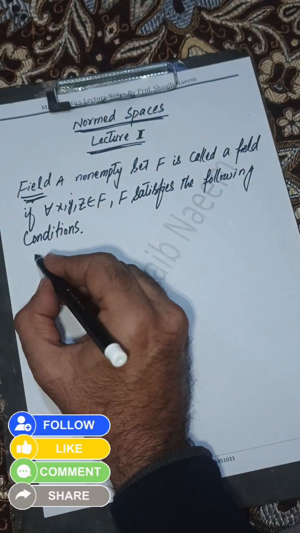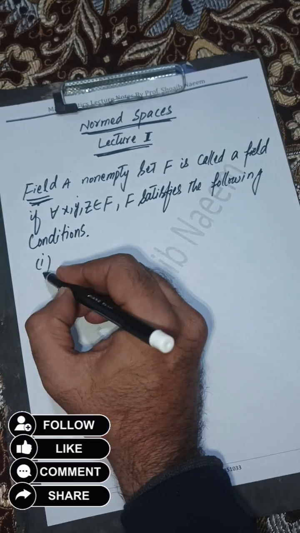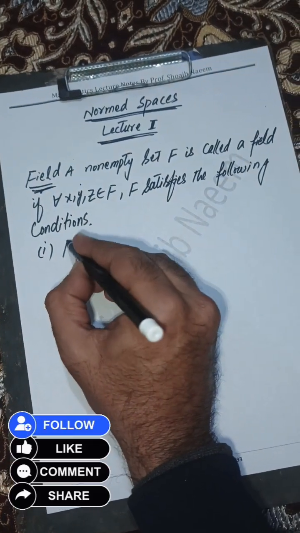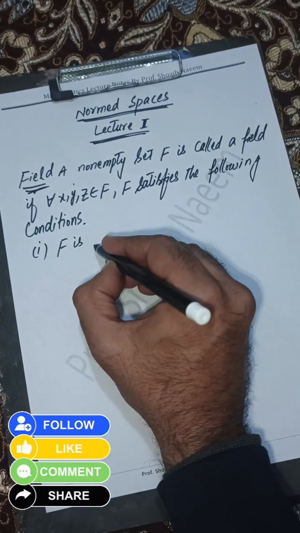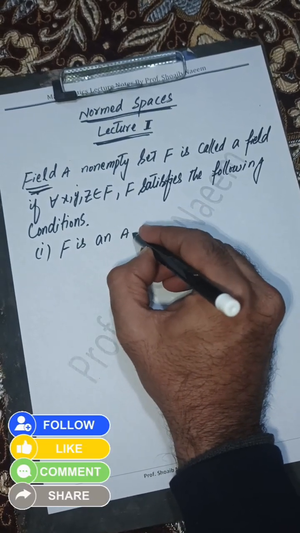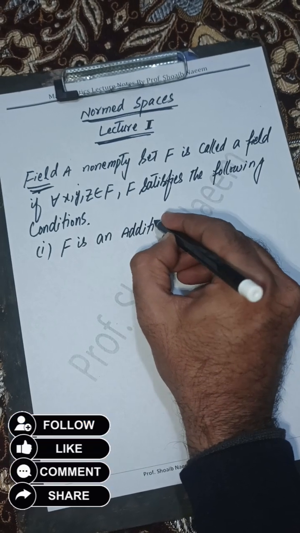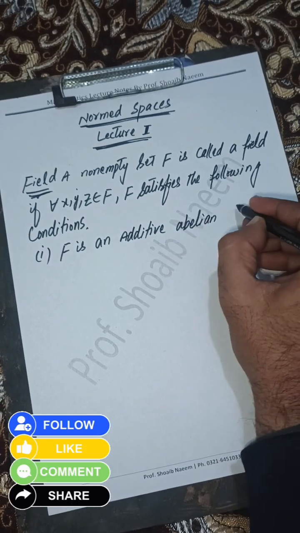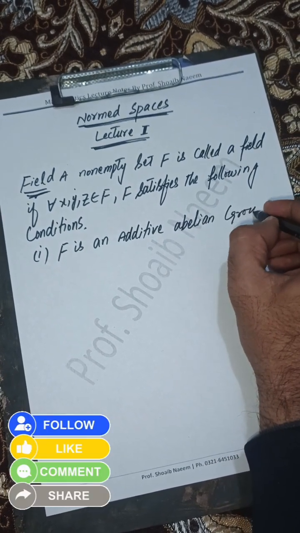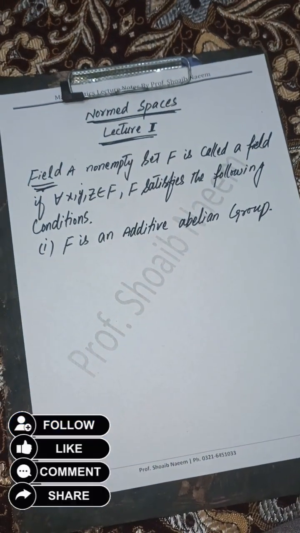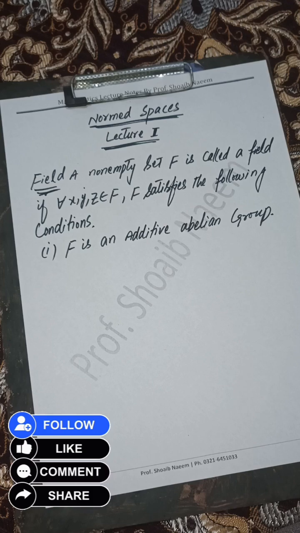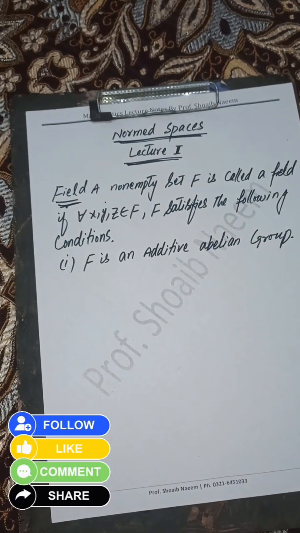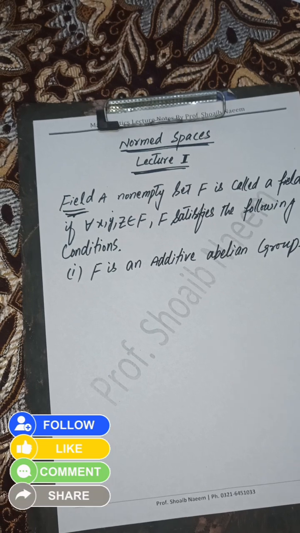The first of those conditions is F is an additive abelian group. It means F satisfies 5 conditions. First of all, F is closed with respect to addition.